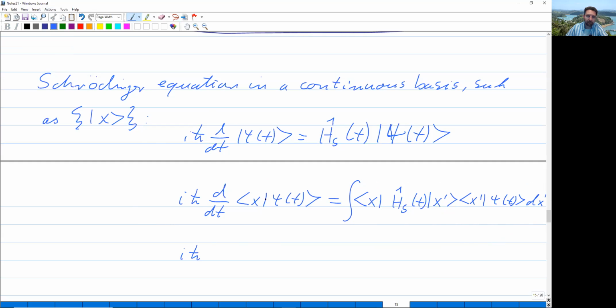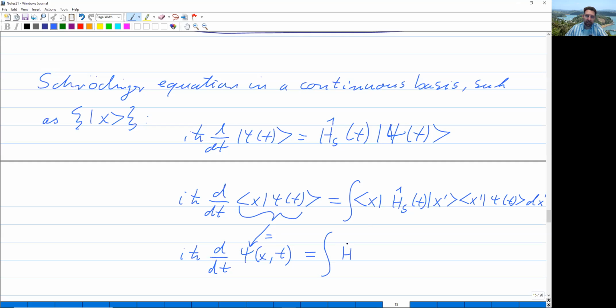All right, so what do we have? This is clearly the wave function of the state psi, the position wave function. So this is d by dt of psi of x, which now also depends on time because we are working in the Schrödinger picture. And this is equal to the integral of the matrix elements, so to speak, of the Hamiltonian in the position representation.